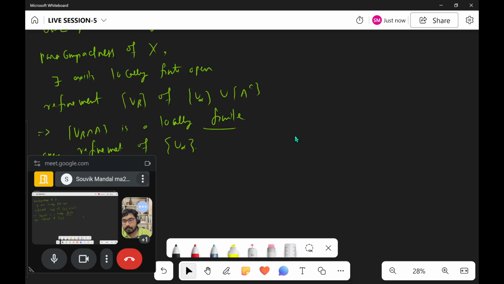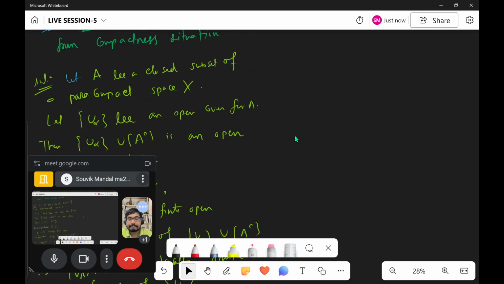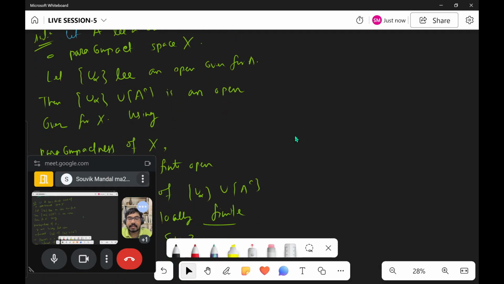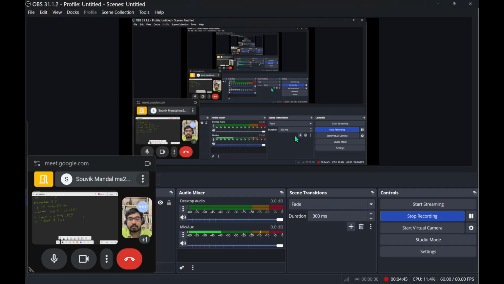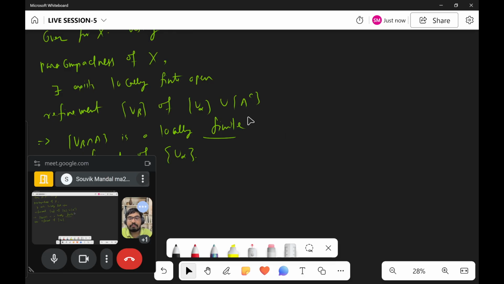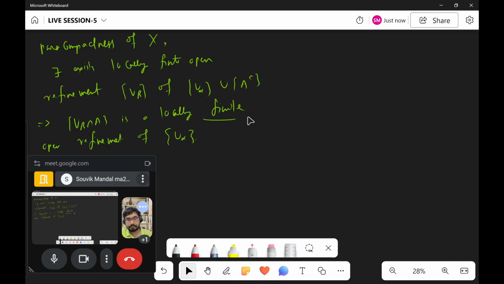So the argument goes as follows. Let A be a closed subset of a paracompact space X and U alpha be an open cover of A. Then U alpha union A complement is an open cover for X. Now, using the paracompactness of X, there exists a locally finite refinement V beta of U alpha union A complement.